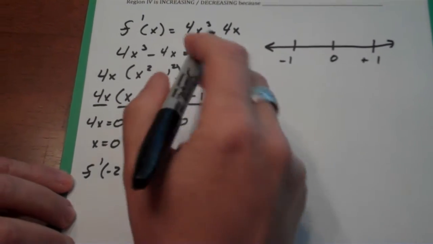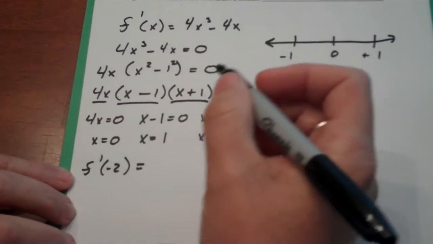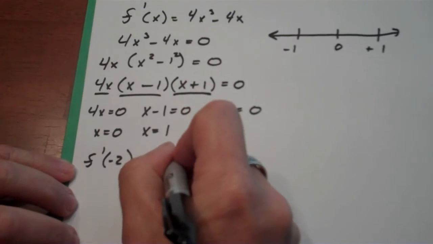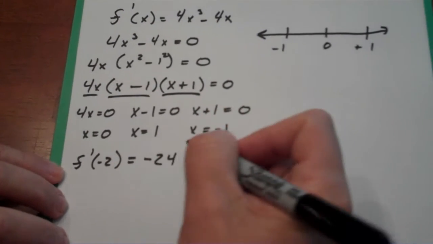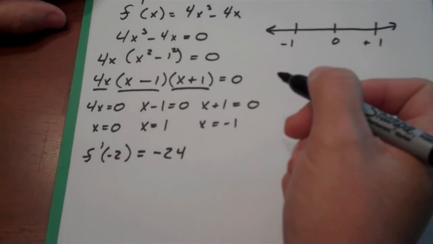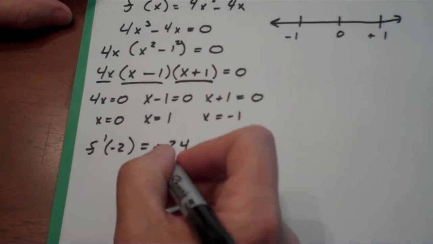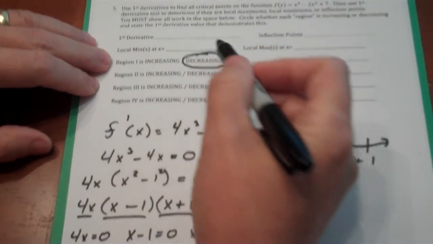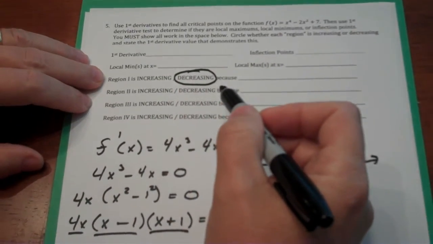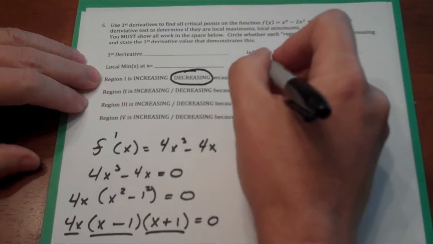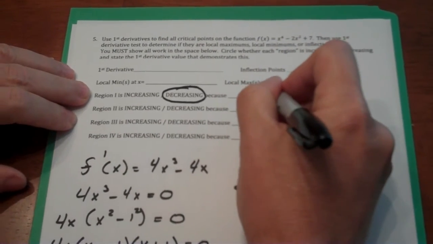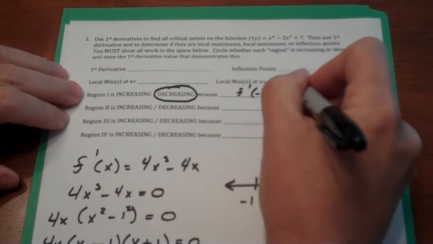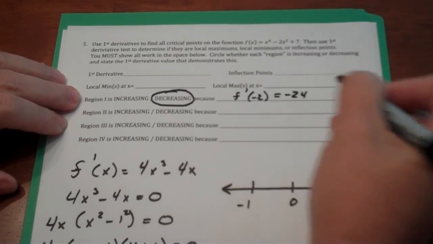I merely plug that in to my function, and I find the value at that point is -24. So the first region, I know, since this is a negative value, that my function is decreasing. And I know it's decreasing because f prime of -2, a point in that region, is equal to -4.